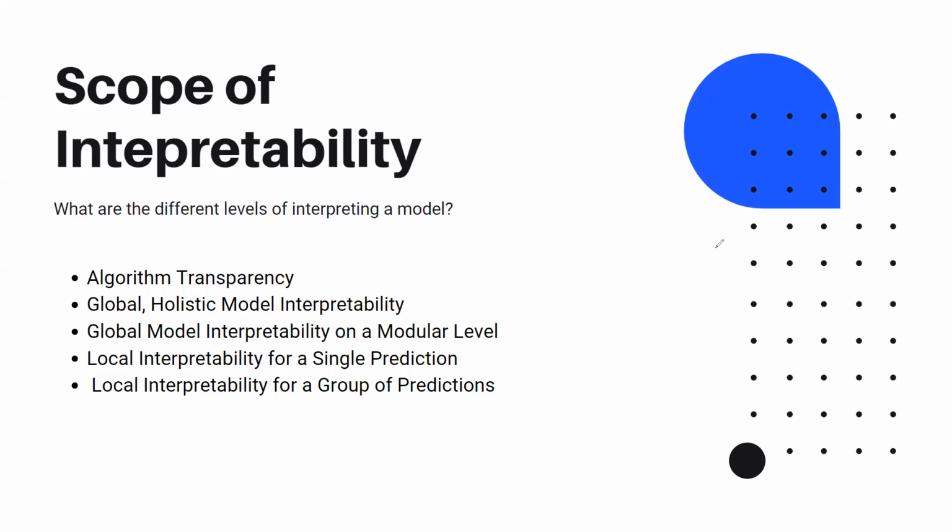Now, the third level of interpretability, or the third scope of interpretability, is called global model interpretability on a modular level. So the question that you should ask in order to understand this one is, how do parts of the model affect the predictions?